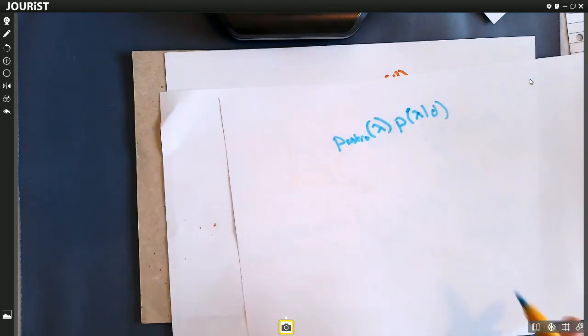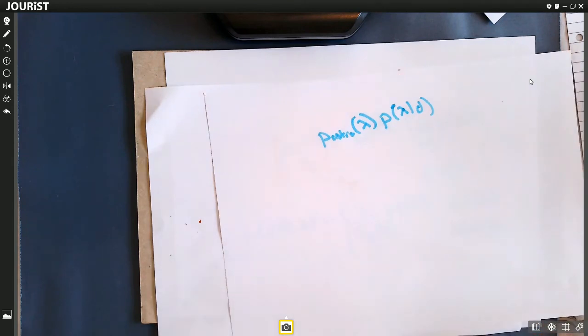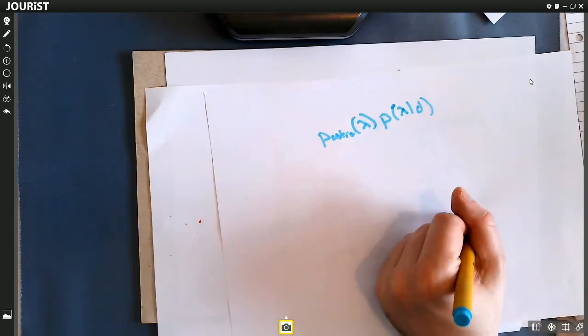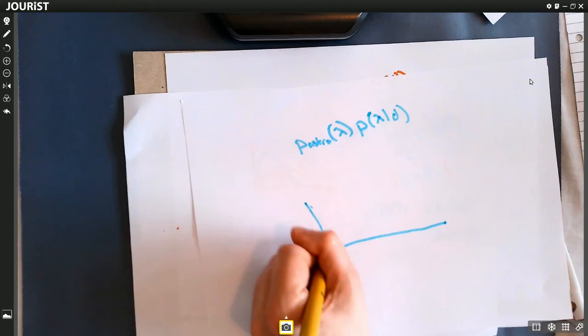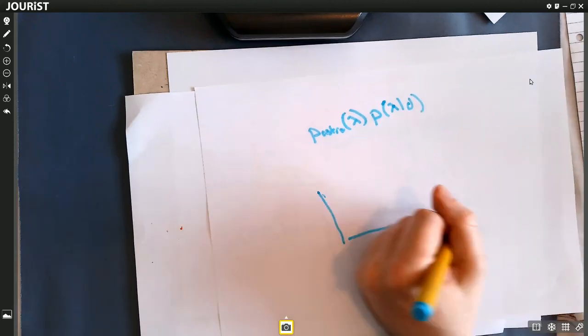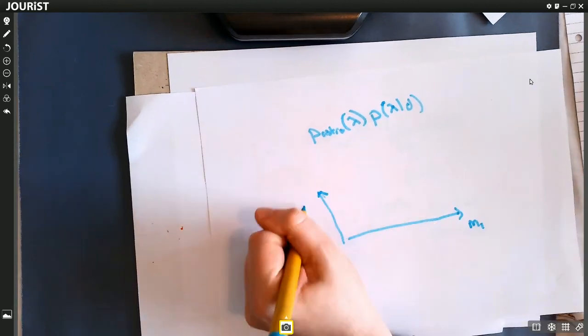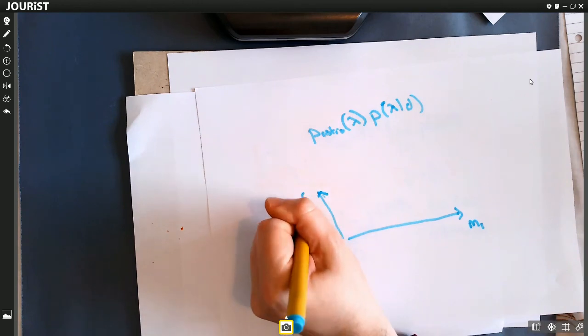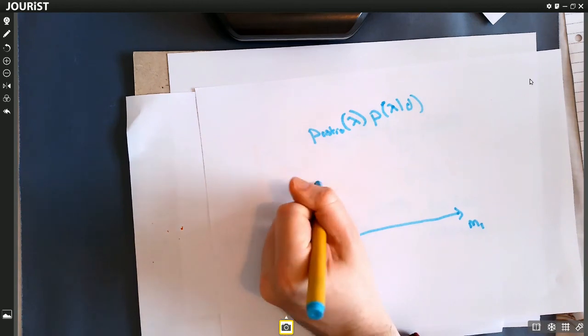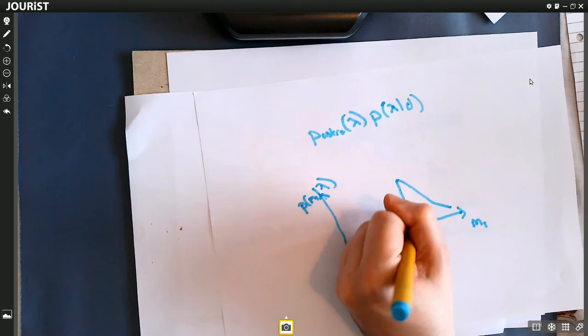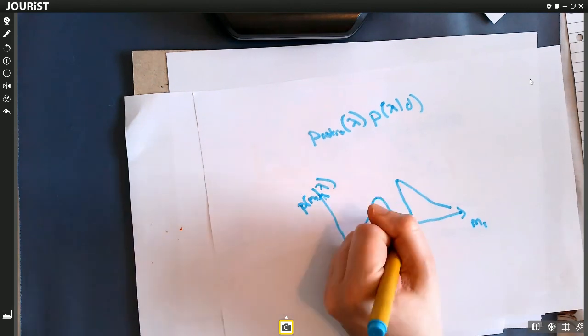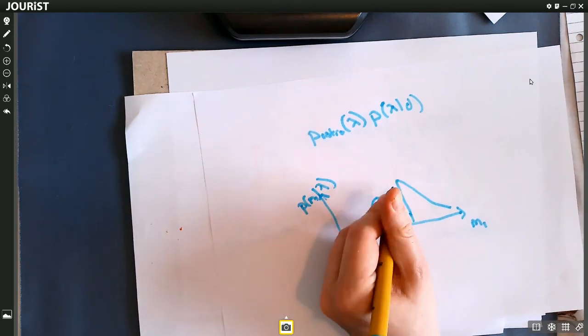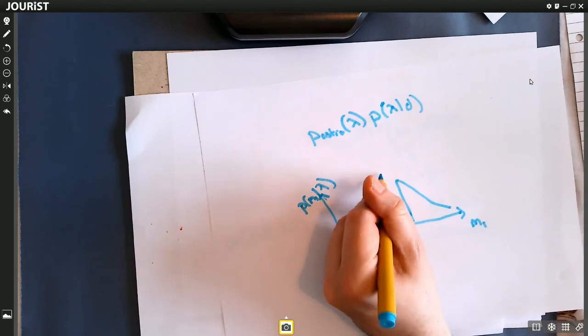And in effect, what you're saying is, so let's say we had a probability distribution for M1 in our source distribution, M1 given lambda. Say it looks something like this with a mass gap. So we were never going to have anything in this mass gap. Okay, and we had an observation which was here.